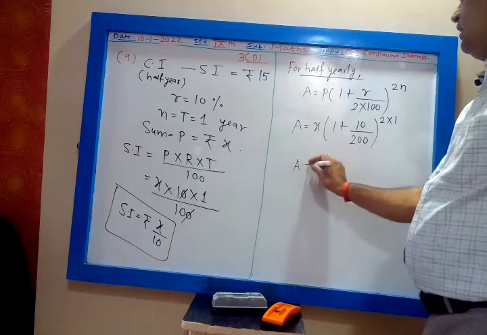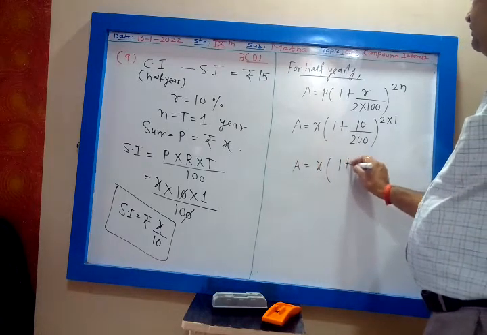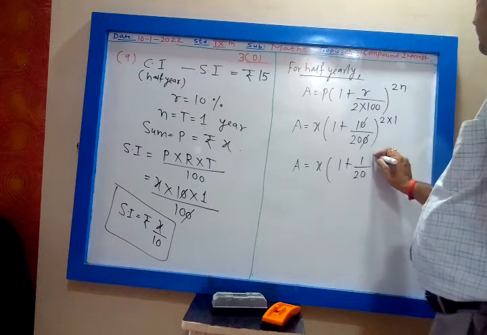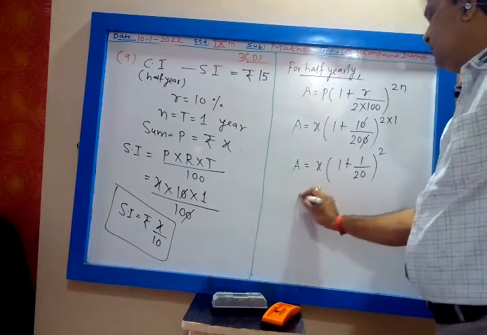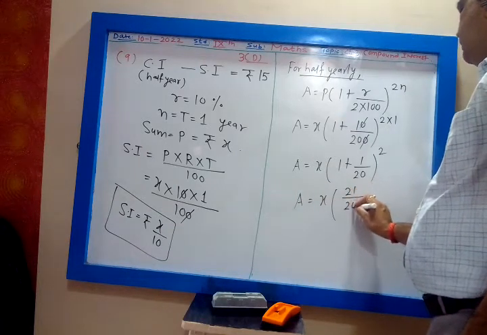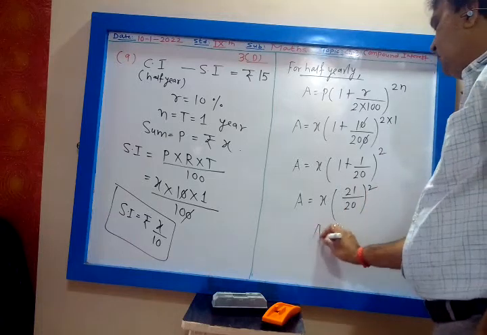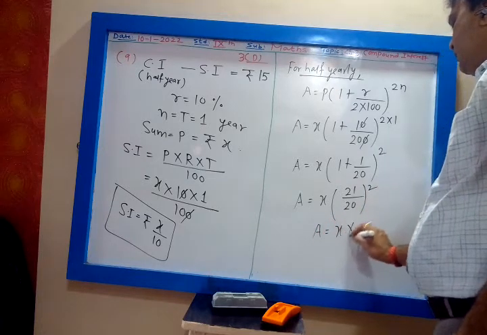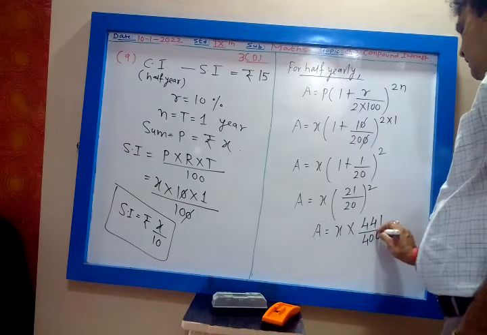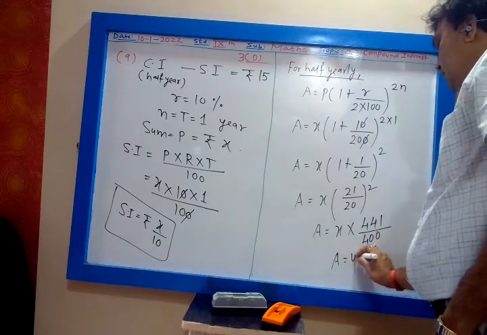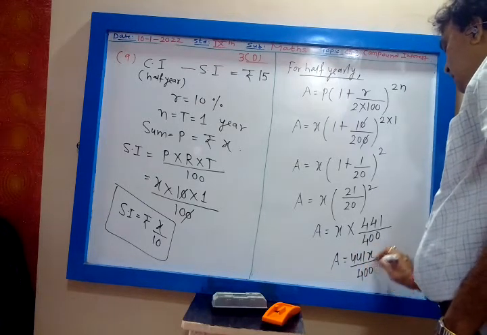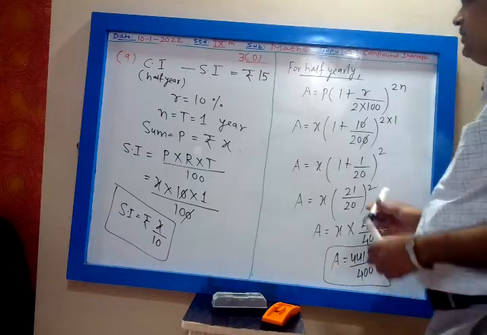So A is X into 1 plus 10 upon 200, raised to 2, which is X into 1 plus 1 upon 20 squared. That is X into 21 upon 20 squared, which is X into 441 upon 400. So A is 441x upon 400, my amount for the half yearly basis.